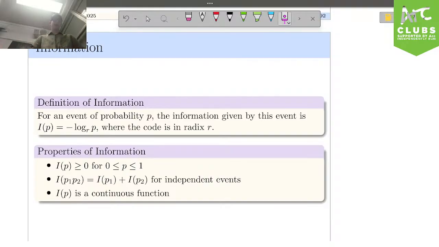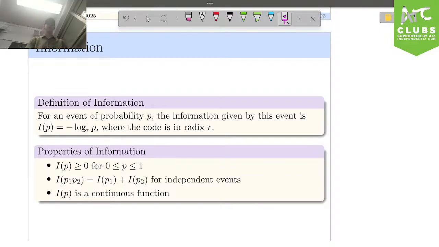I believe in the lectures, Thomas went through this slide in the reverse direction, as in he said these are the properties we want our expression of information to satisfy, and then by a specific theorem, this is the only real function that can do so, up to a scale factor.